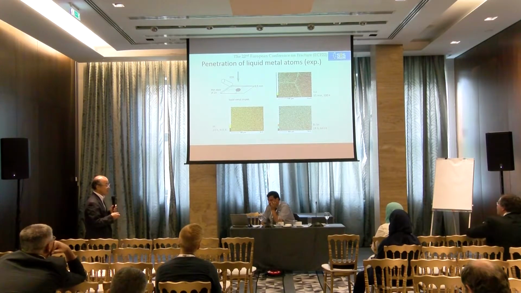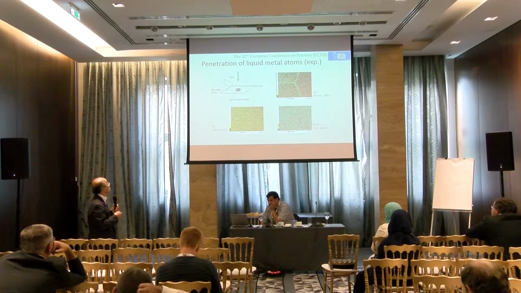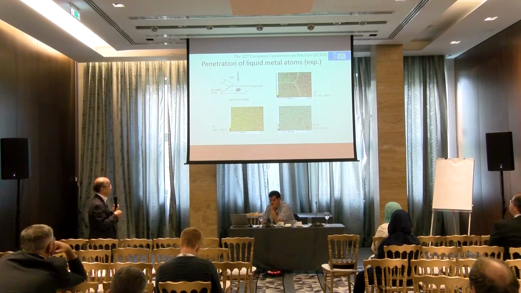In some cases, for example aluminum with gallium, intergranular fracture occurs, and it is explained that the gallium atoms penetrate into grain boundaries. So in this case, whether the penetration occurs or not was examined.